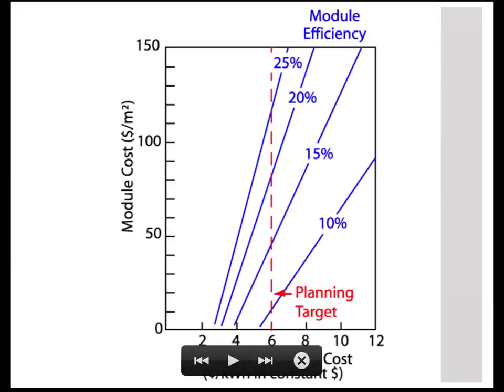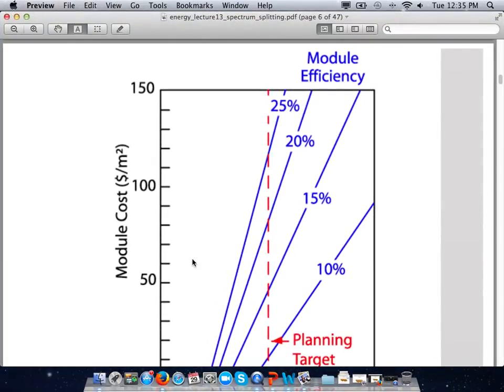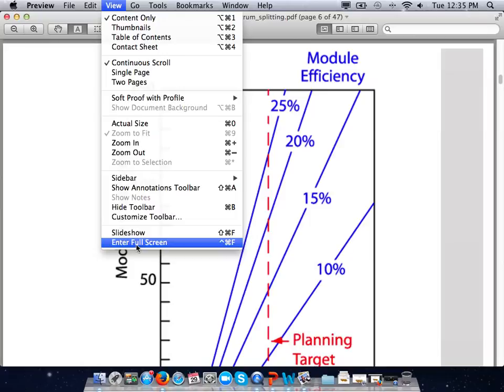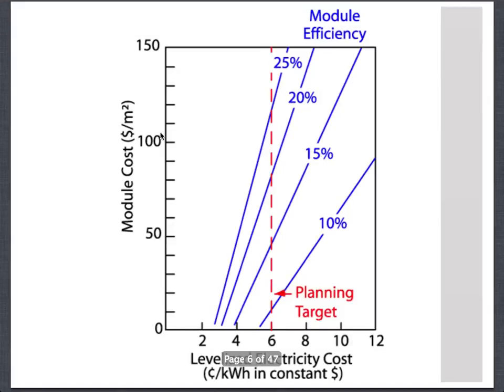So this is another plot. In the x-axis there is the electricity cost, and in the y-axis is the module cost.